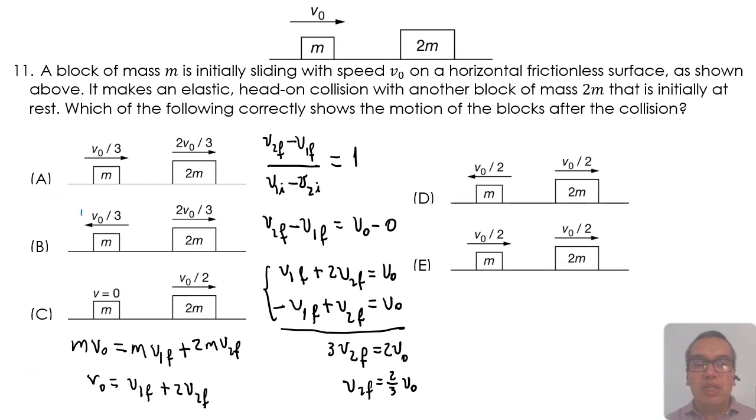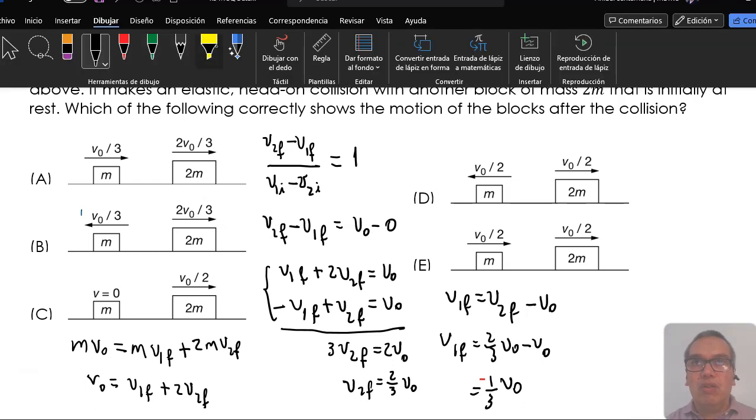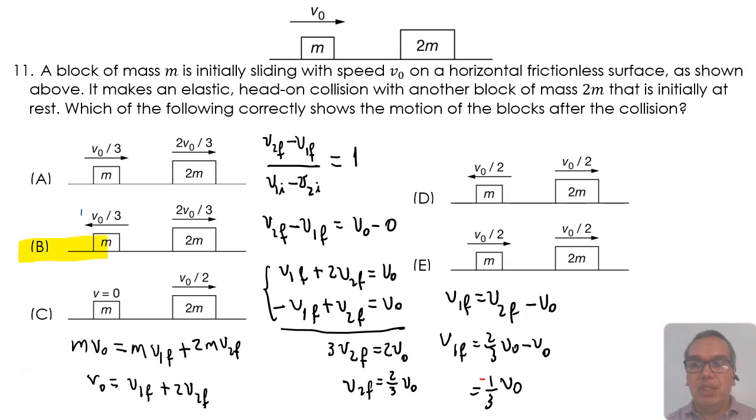By substituting, we get v1f equals v2f minus v0, so v1f is 2/3 v0 minus v0, or negative 1/3 v0. This corresponds to option B, where the block of mass m reverses direction.